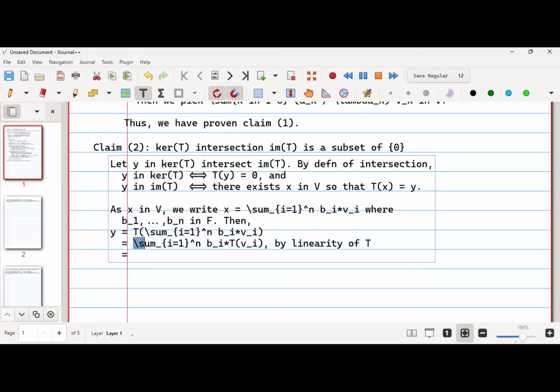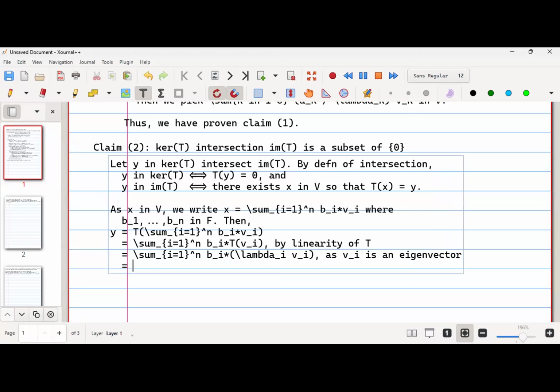And then you all know where it's going. v_i is an eigenvector, so we can now write lambda_i v_i, as v_i is an eigenvector.